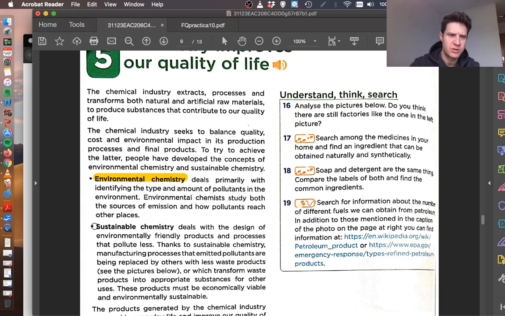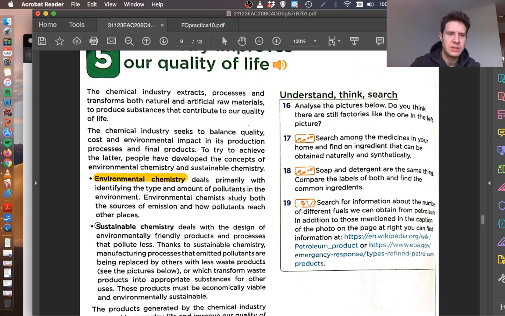Okay, environmental chemistry deals primarily with identifying the type and amount of pollutants in the environment. Environmental chemists study both the source of emission and how pollutants reach other places. So they measure the pollution and try to solve it.